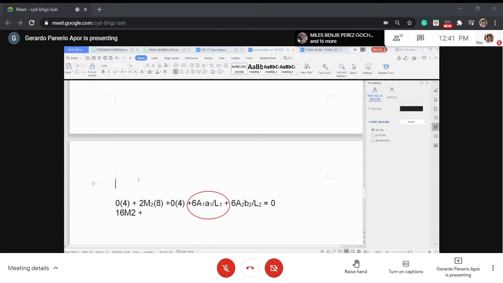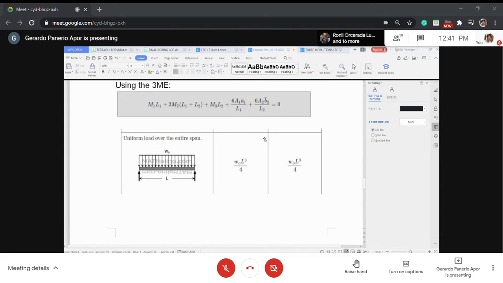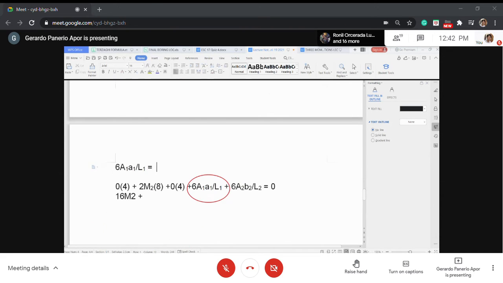6E1 is equal to WL cubed divided by 4. So W is negative 20. I use negative because it's going down.